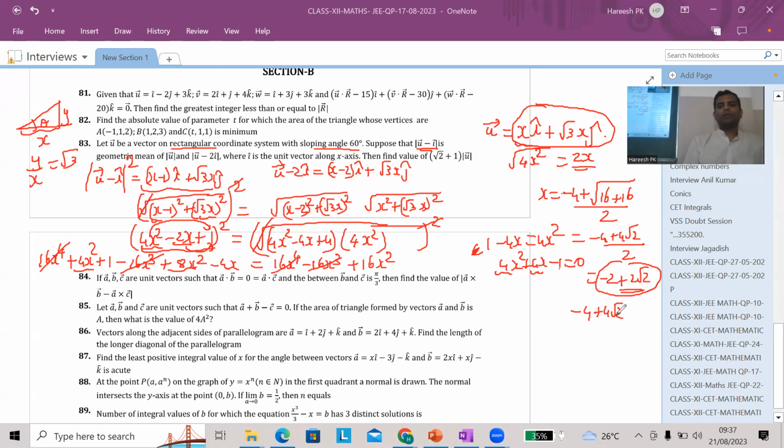That is mod u. Now multiply that with root 2 plus 1. I'll pull out 4 common, so I'll have root 2 minus 1 into root 2 plus 1. So this is a square minus b square, which is 1. You will get 4 into 1, which is 4. So this is a good question. Easy one only.